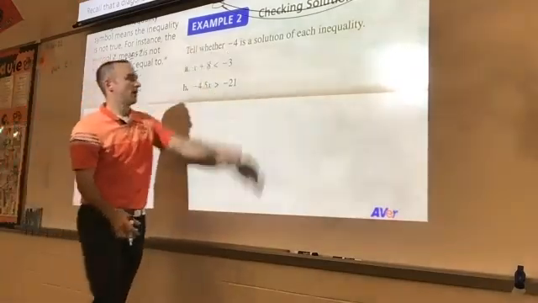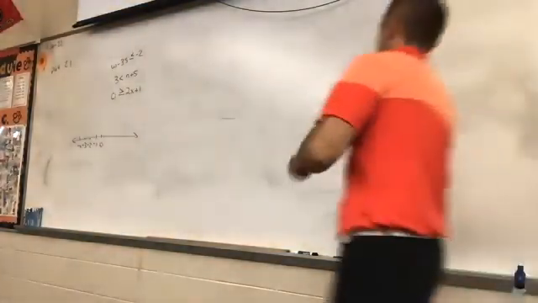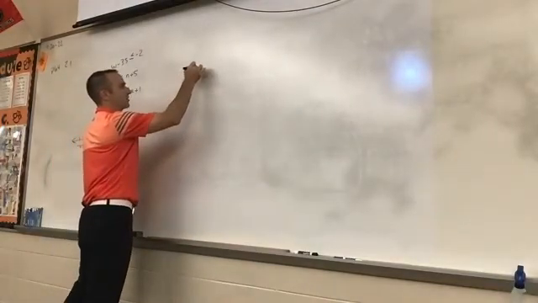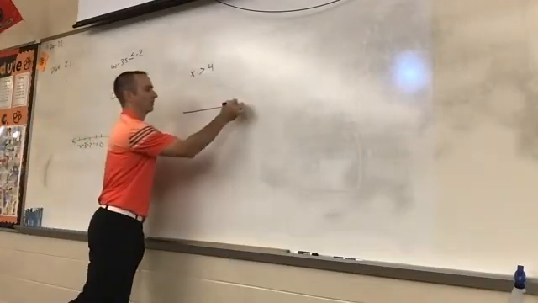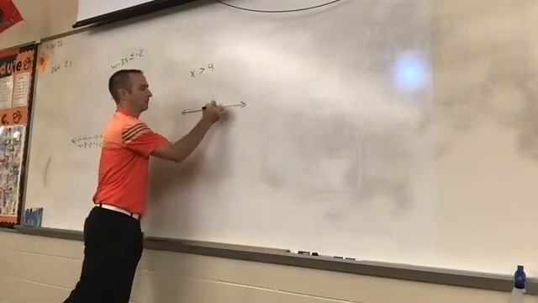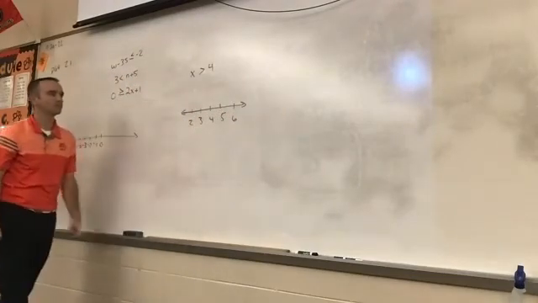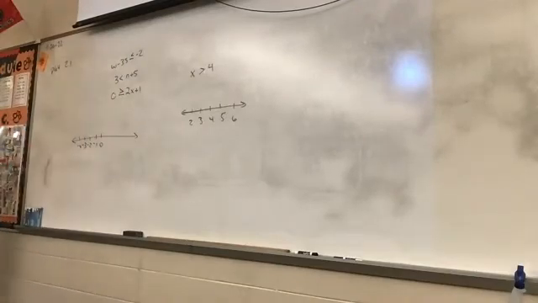The other thing that we're going to do is we actually do have to graph it. So if I wanted to graph, let's say, x is greater than 4. Give me a number that would be a solution to this.